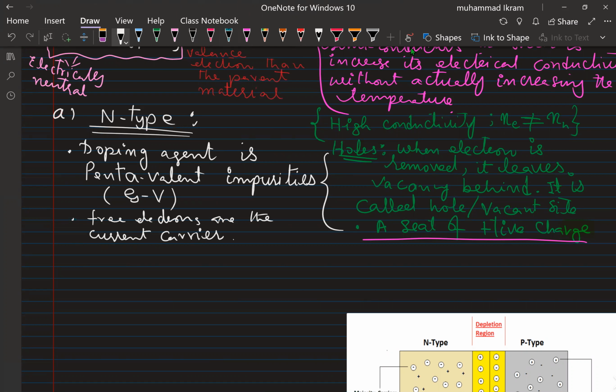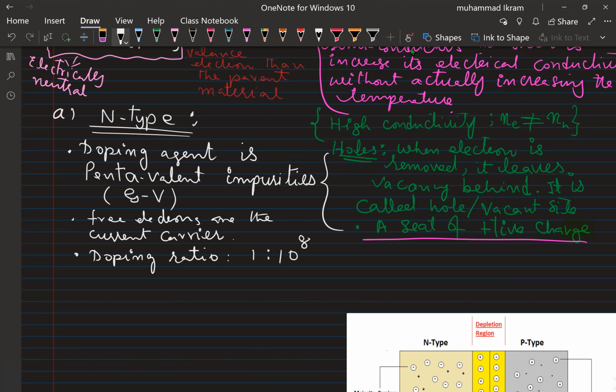Now, in the n-type semiconductor substances, we have the doping agent and the doping ratio. What is the doping ratio here? The doping ratio is 1 to 10 raised to the power 8.